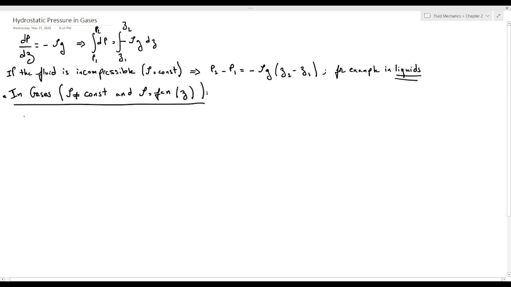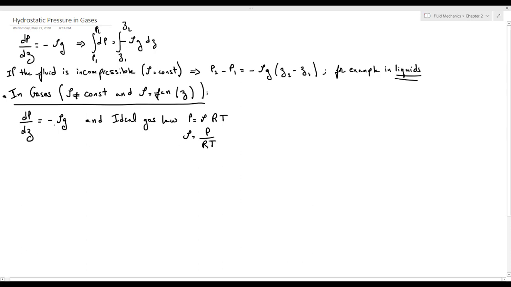So we write dP over dz equal to minus rho g, and we can use the ideal gas law that says P equals rho RT, and rho is equal to P over RT.